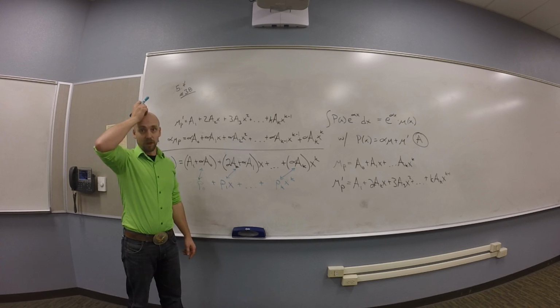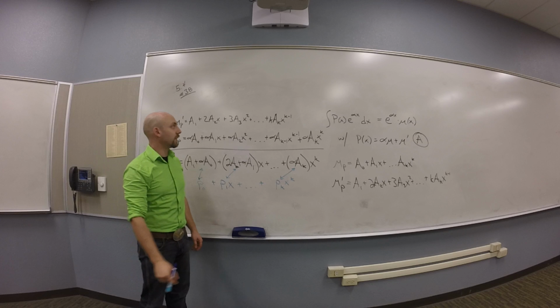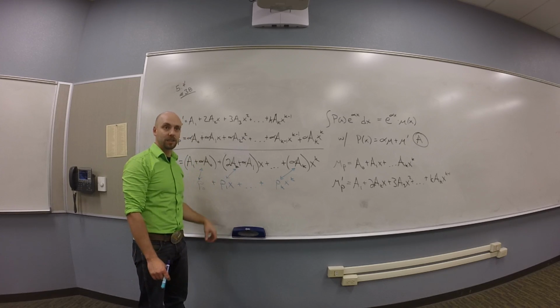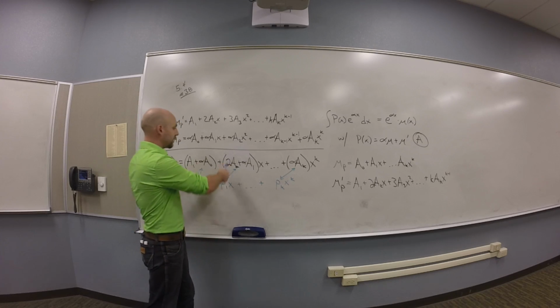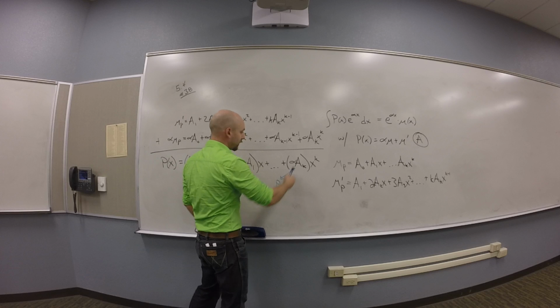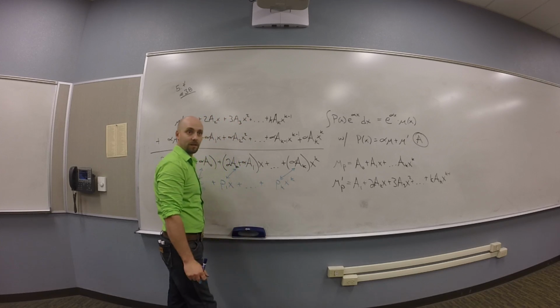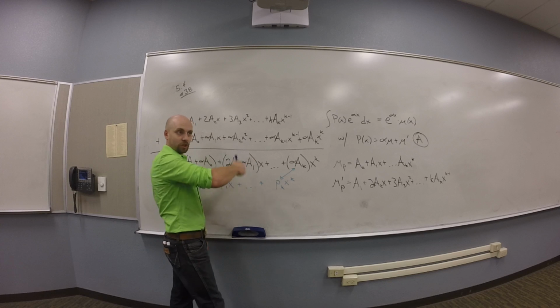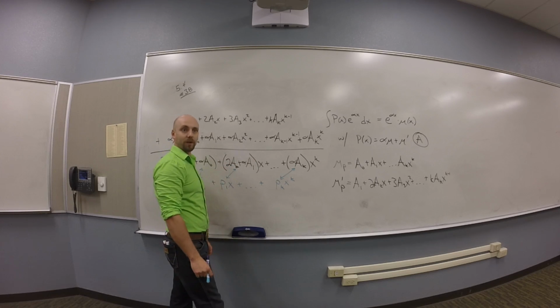You can see this kind of giant mess that you've bought. In the nice convenient case where pk is 1 and everything else is 0, then all of these guys are 0 except for this one, and you can just kind of stagger all the way through this. It's not too bad.